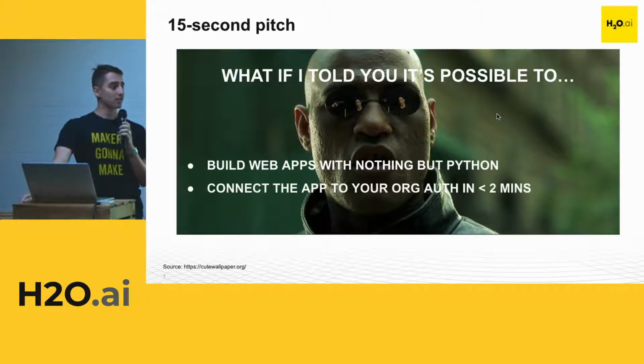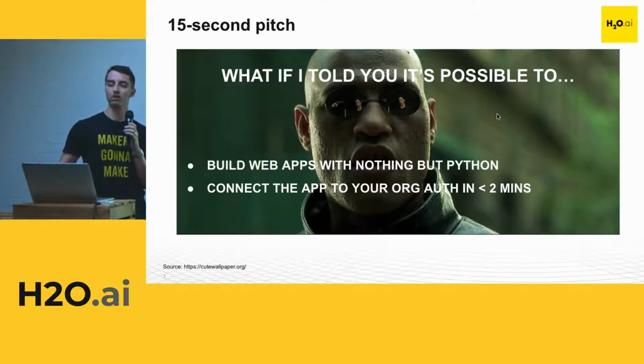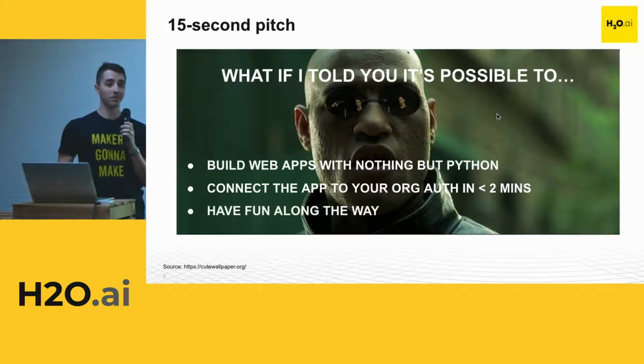Once you have this app ready, you can connect it to your organization authorization service, like OpenID Connect, in less than 2 minutes. It literally takes only copy-pasting 4 configuration values, and that's it. And last point, you can maybe, I hope so, have some fun along the way, as we try to provide the whole ecosystem and tooling around Wave with a very nice experience.